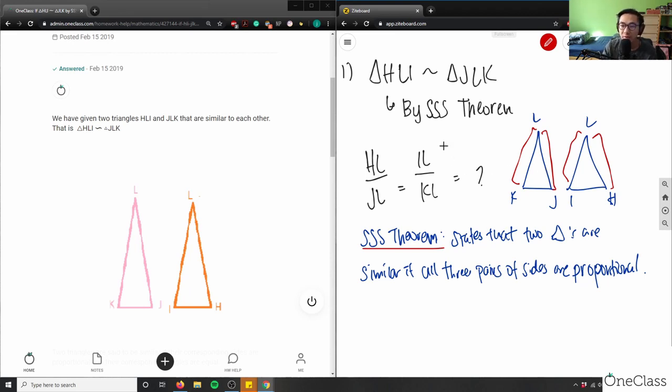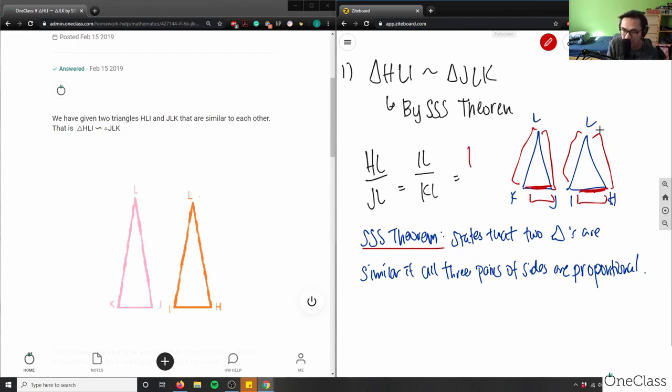So if I have HL, this length here, over JL, this length here, equals IL, this length here, over KL, this length here, my last missing sides are these two sides. They have to be proportional. So in this case I can write my answer: this side is proportional to this side.